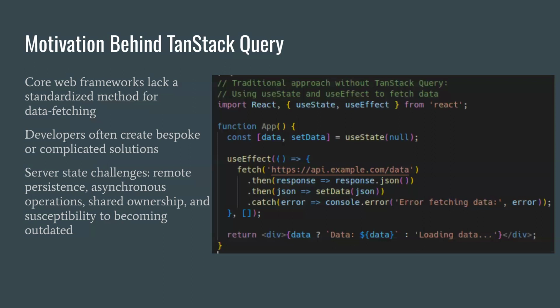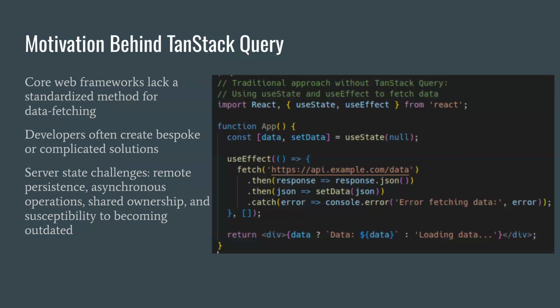And especially these days with server state, this provides even unique challenges. So when server state is stored remotely, it requires asynchronous interaction and is subject to changes that developers might not immediately be aware of.